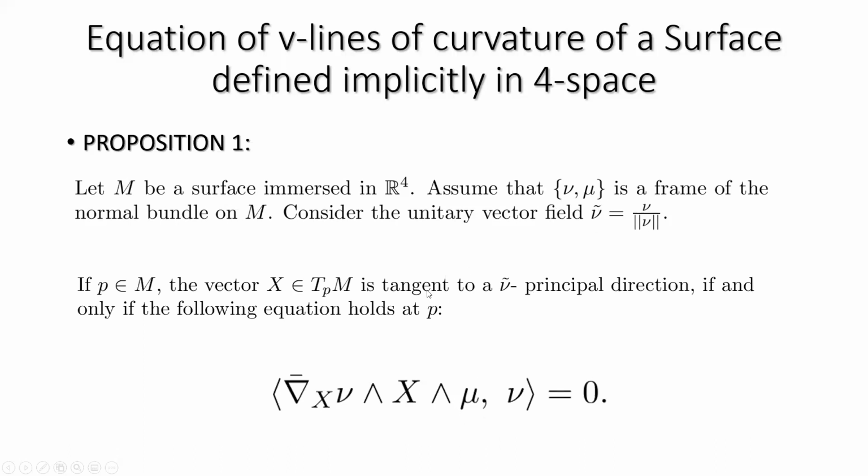So this condition is easy to check, and you say the direction V is a nu principal direction if this equation vanishes. If it vanishes, it doesn't have a projection on the normal vector nu, then it is a nu principal direction, which means that there is a maximal or minimal, an extremal direction. So it's an easy computation to obtain this condition.